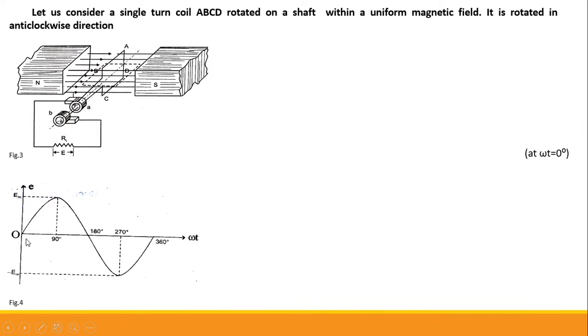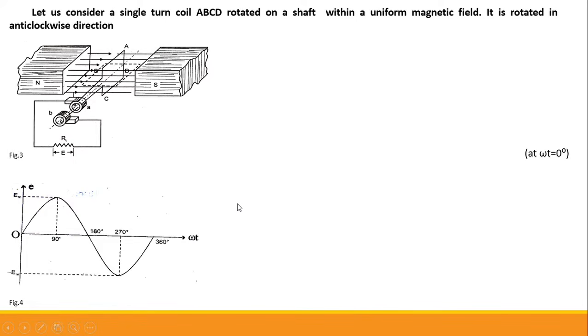Angular time. At 0 degree EMF is 0, at 90 degree EMF is maximum, at 180 degree and 360 degree EMF is 0. At 270 degree EMF is maximum, but it is in negative direction.